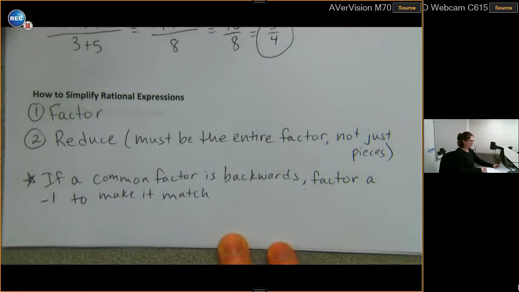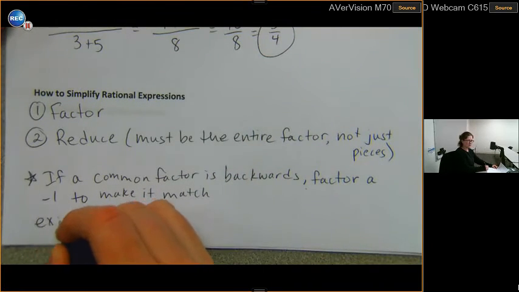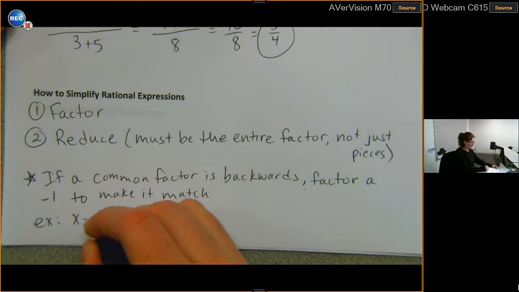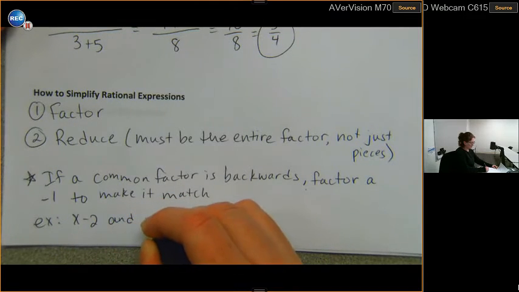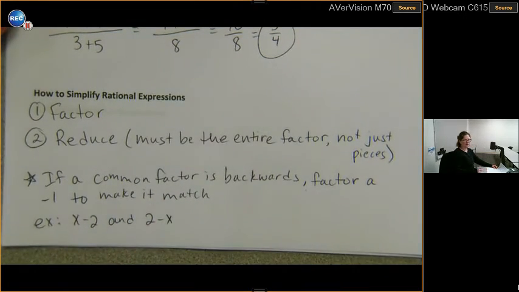So what I mean by that is if I have x minus 2 and 2 minus x, so 2 minus x is backwards. We're used to seeing standard form, which has the variable first. What we're going to do is we're going to take this backwards factor.